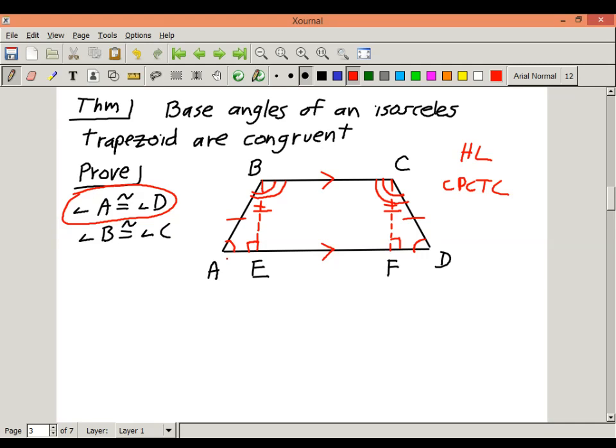So angle B is a supplement of angle A because parallel lines, these are same side interior angles. Angle C is a supplement of angle D. And we already said that angles A and D were congruent. So B and C are supplements of congruent angles, so that makes them congruent. So we've proved then the theorem that says base angles of an isosceles trapezoid are congruent.